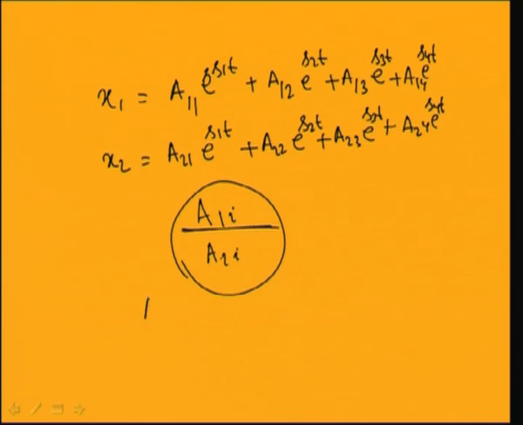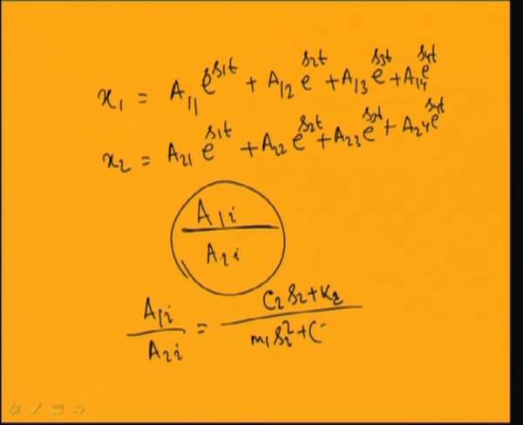From the equation, a1i by a2i is equal to c2 si plus k2 divided by m1 si squared plus (c1 plus c2) si plus k1 plus k2. In this way you can determine the response of a system with damping.